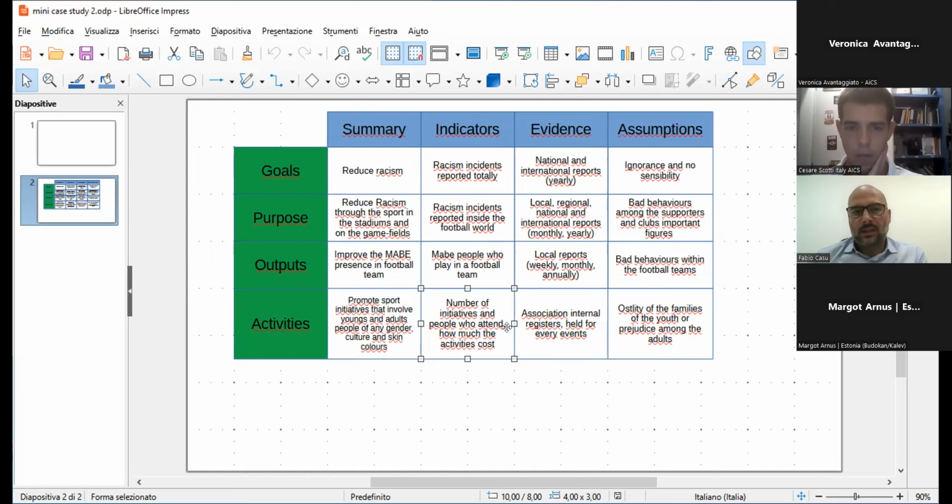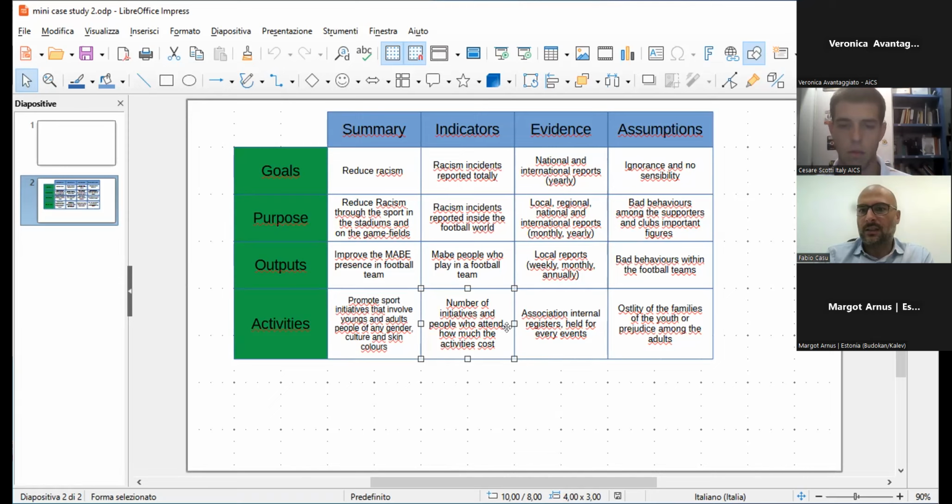What you can do, especially later on when you will have a detail of activities, is this: the indicator is the way through which you measure your activities, and you should also try to identify a target for the indicator. So, for example, now you see number of initiatives.